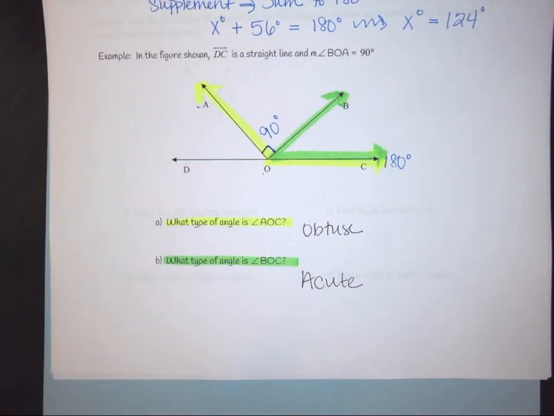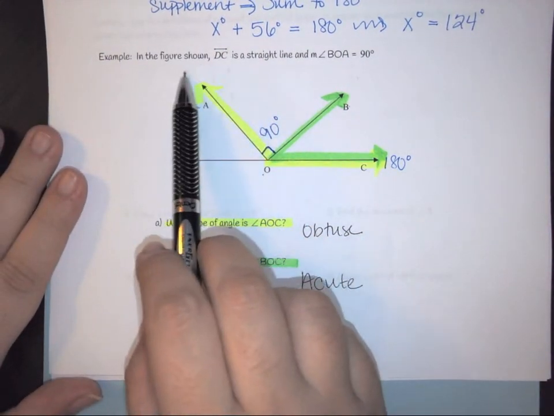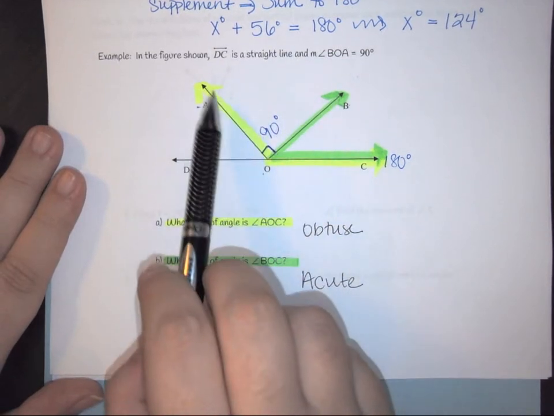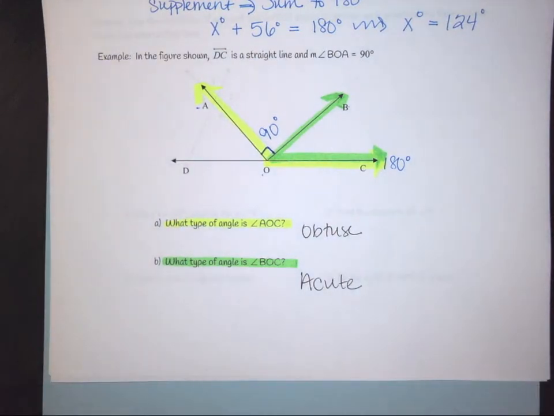Now with that particular problem, that's all you were asked. Which means this information that was given about the fact that this angle here was 90 degrees is theoretically unnecessary information for you to answer your problem. So you have to pay very close attention to the question being asked and the information being presented.